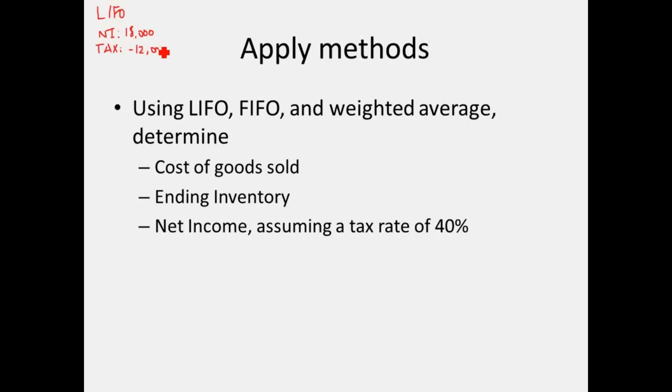So the units that I sell first come from the units that I purchased first, and so on and so forth. If I go back to my inventory account, I bought 100 units at 80, 100 units at 90, 100 units at 100, and 100 units at 110. So 8,000, 9,000, 10,000, 11,000.